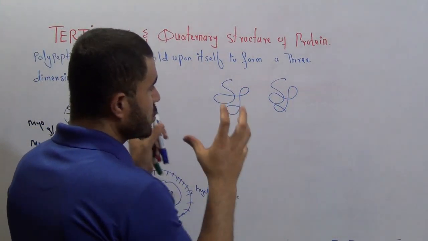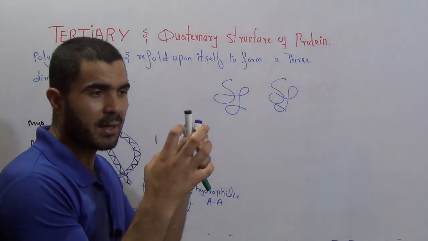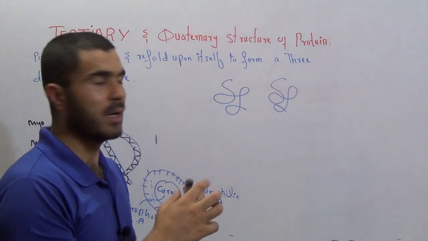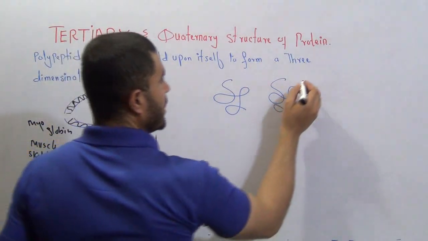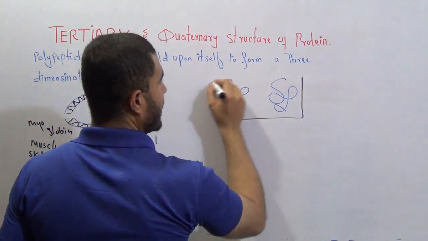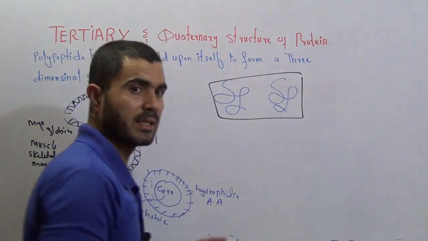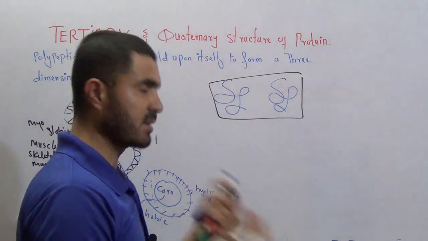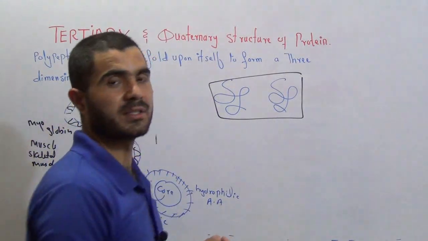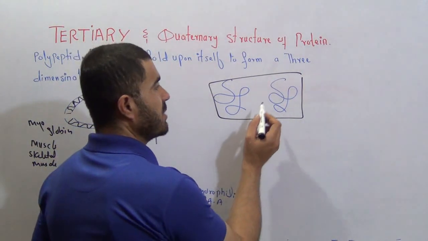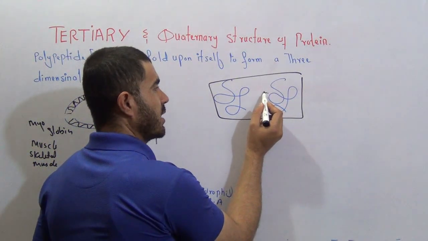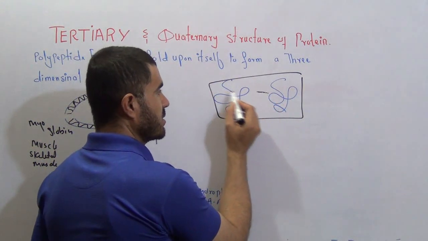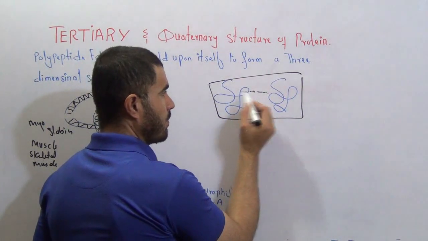When these units are connected with one another, this will be called another advanced organization in protein, another advanced structure, that is called quaternary structure. So there must be some bonds that will connect these tertiary structures with one another.